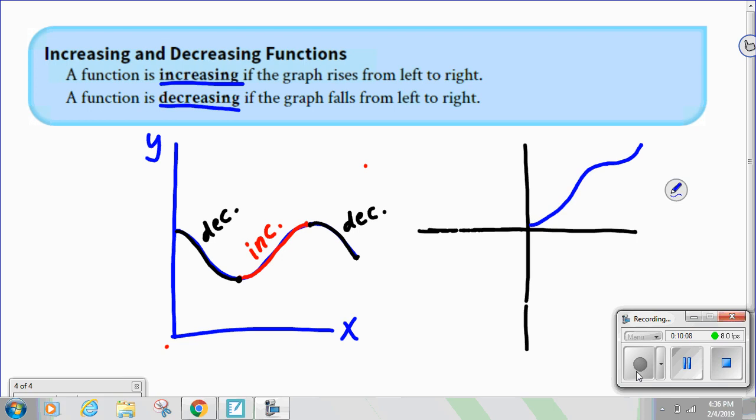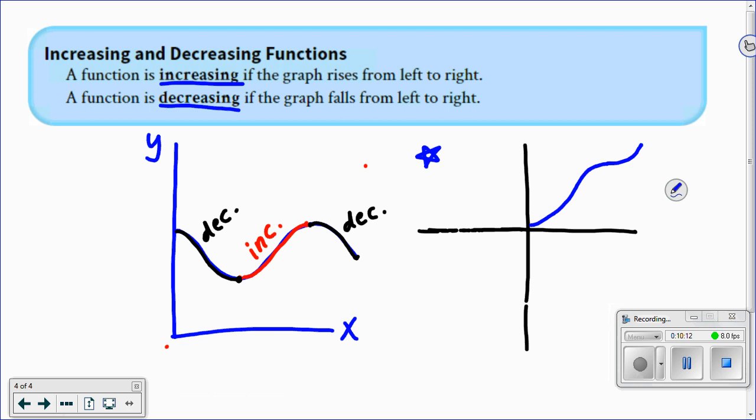One more quick example. Right here, is this a decreasing function or an increasing function? It's not linear, right? It doesn't just follow a straight line. That would be linear, but this isn't linear, it's curved. It's a non-linear function, but it does still represent an increasing function.